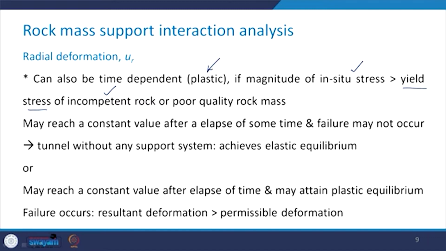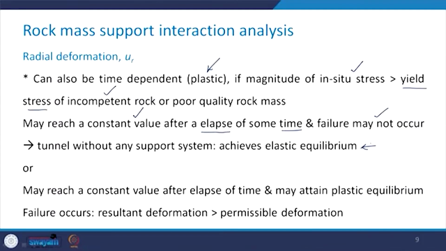This value of the radial deformation may reach a constant value after a elapse of some time and failure may not occur. This is again a plastic value, but still failure may not occur. That means what? That tunnel without any support system achieves the equilibrium.